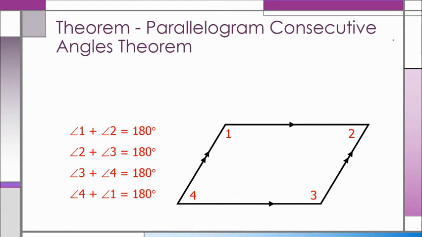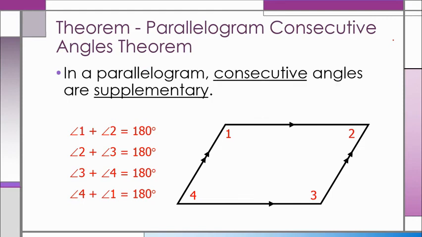Okay, so in the parallelogram, the consecutive angles theorem means the angles that are on the same side are equal to 180 degrees. So angle 1 and angle 2, if you add them together, they're 180 degrees. Angle 2 and angle 3, if you add together, they're 180 degrees. And angle 3 and angle 4, you add them together for 180 degrees, and angle 4 and angle 1 add together for 180 degrees.